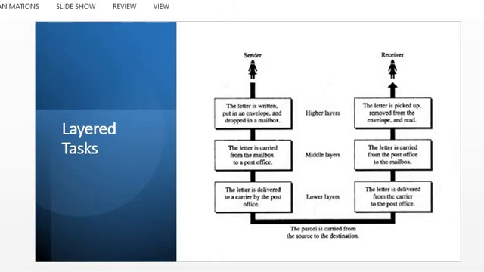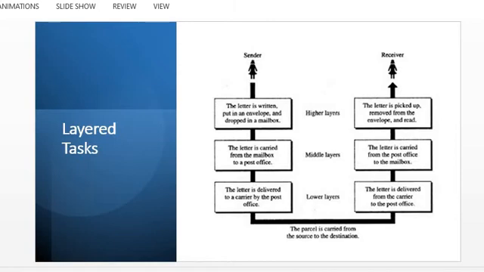So, for instance, let us look at this model with the example of sending a letter as another example. You realize that there are two friends who are communicating in this instance to send a letter. The first friend will write his letter, that is at a higher layer, and you send the letter through the mailbox.